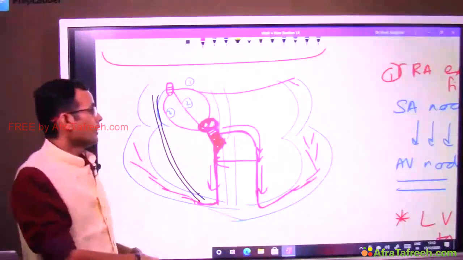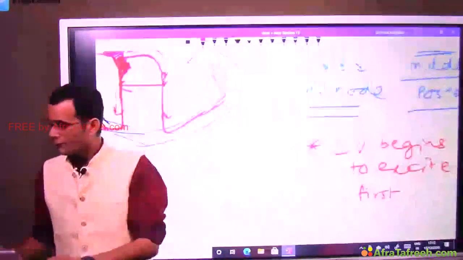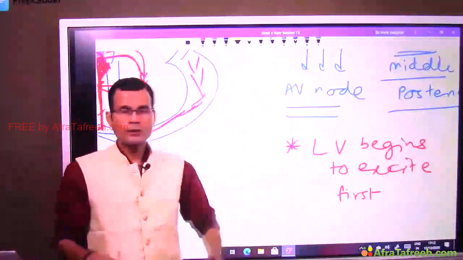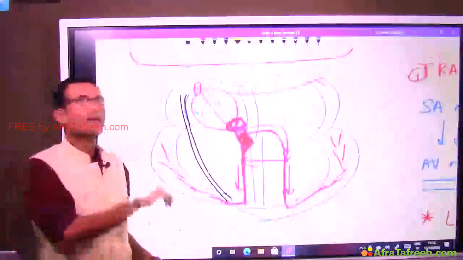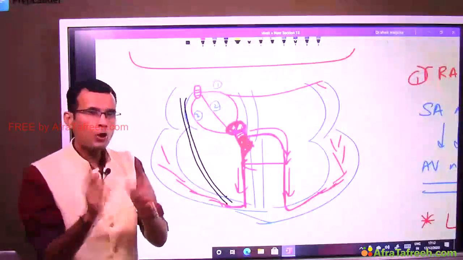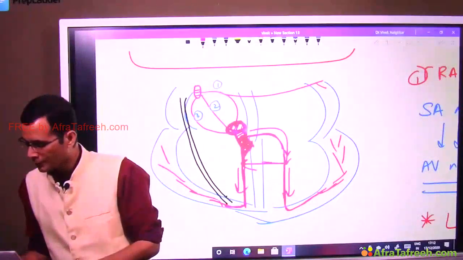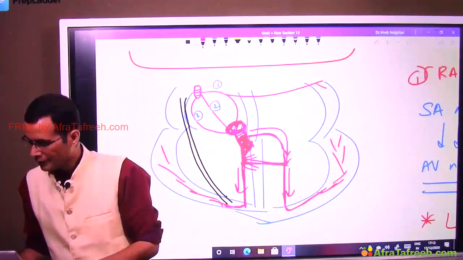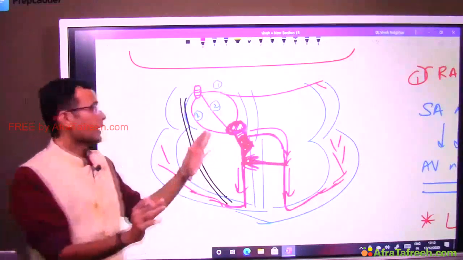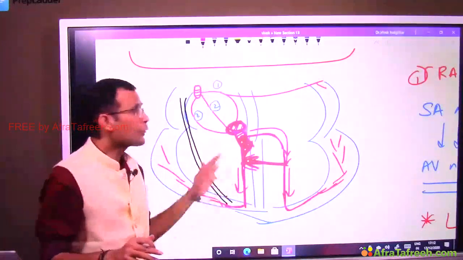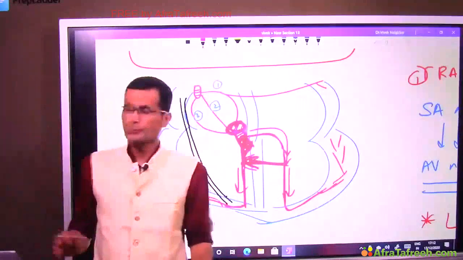So we have already mentioned one point, that left ventricular excitation starts first, and the second point that I want to mention is, because of this spread of impulse through the interventricular septum, this spread is responsible for the Q wave on the ECG.